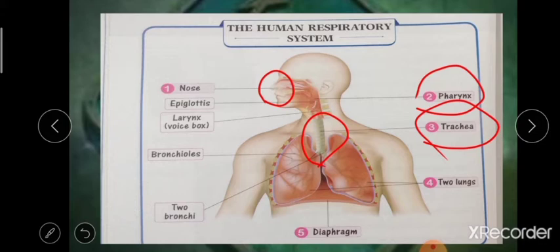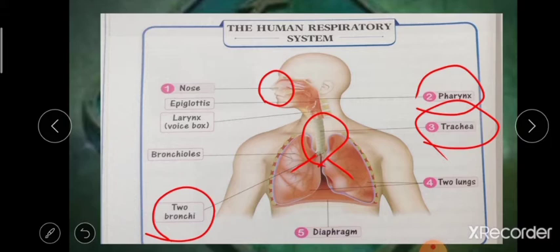This trachea is divided into two tubes called two bronchi. Bronchi is the plural, but the singular is bronchus. One bronchus, two bronchi.